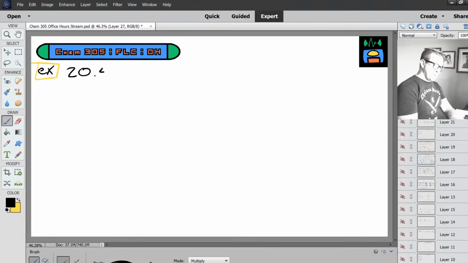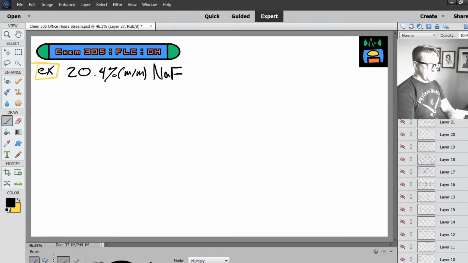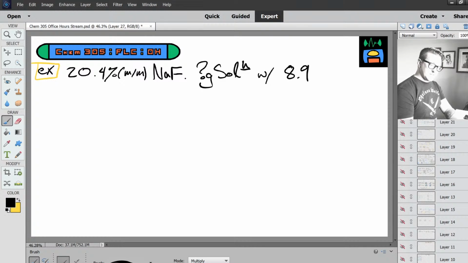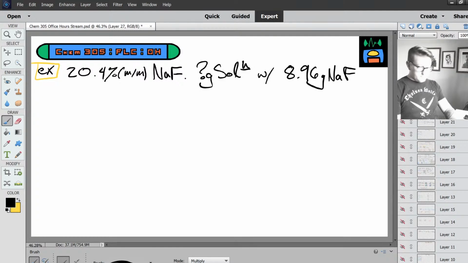We have a 20.4% mass to mass of sodium fluoride, and we're asked to find the grams of solution that contain 8.96 grams of solute. Now again, I'm going to pull this trick.